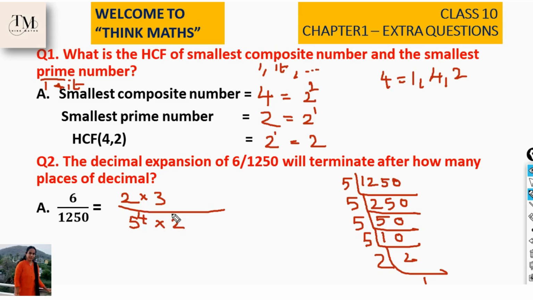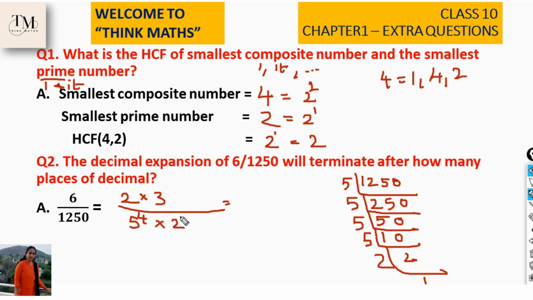So this denominator is of the form 2 power n into 5 power m, so we can easily say that this expansion will terminate. Now we have to find how many decimal places there are. Instead of just multiplying, I am going to equalize the powers. Here the power of 5 is 4, and for the number 2, the power is 1.